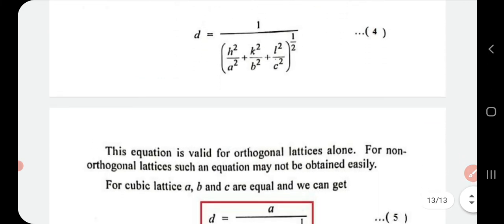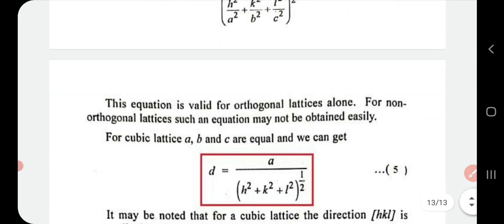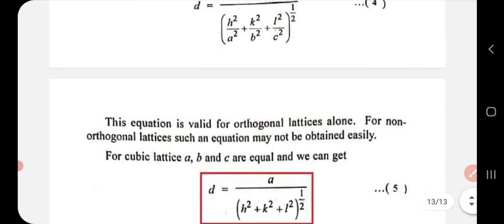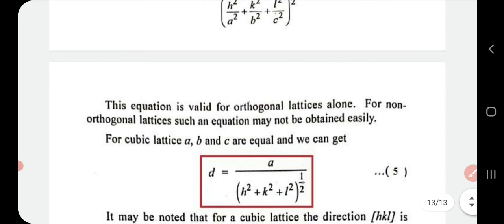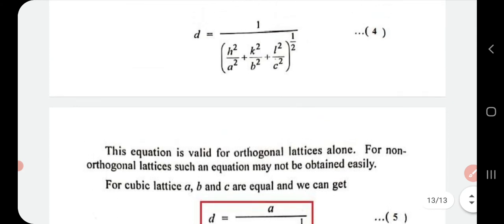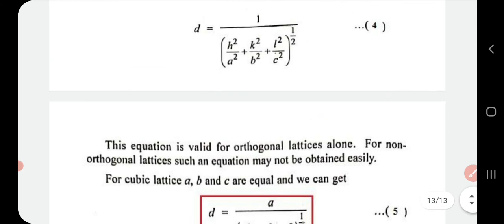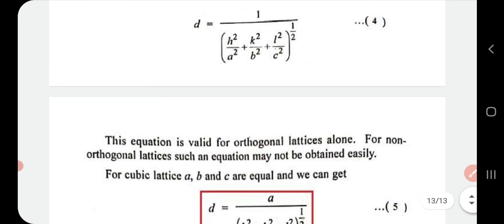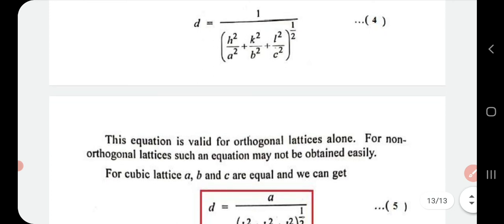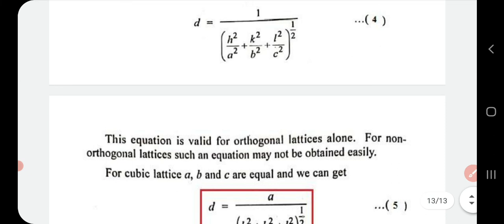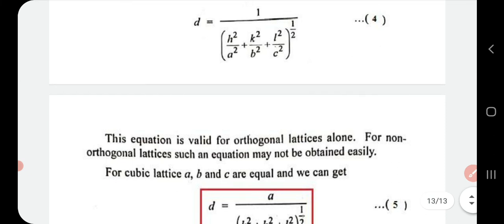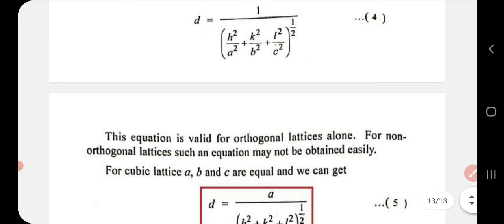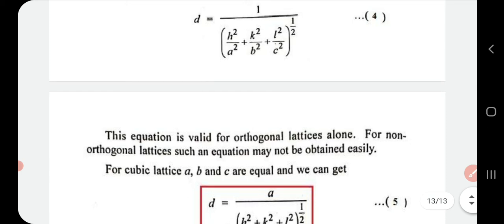Okay, since they are equal, you can take the length of the cube as a. Because a equal to b equal to c, let it be a itself. So naturally a will come in the numerator. So the formula for interplanar spacing d for a cubic lattice will be a by root of h square plus k square plus l square.